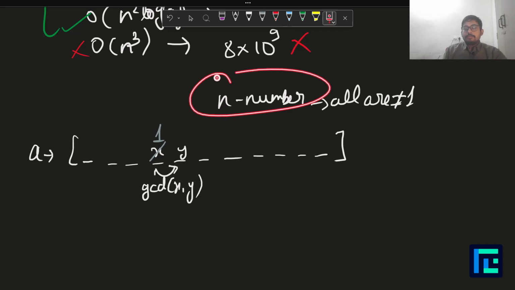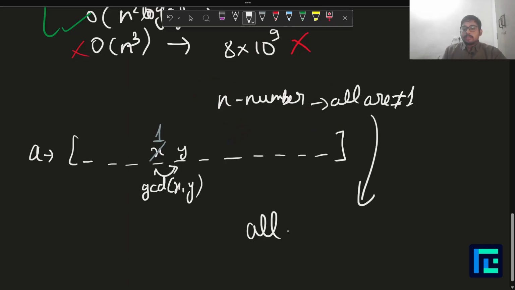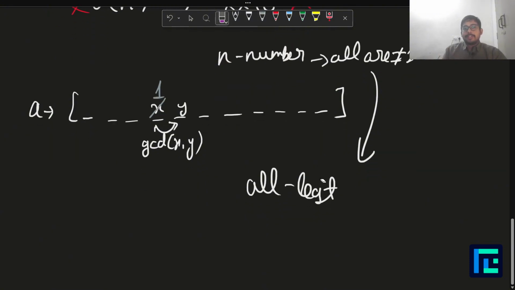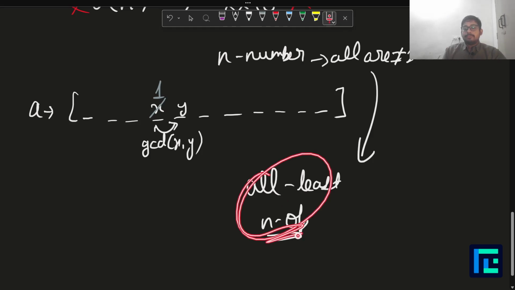So in order to make n numbers all equal to 1, if they are unequal, you would require at least n operations, whatever type of operation you do, that you can prove. And if you can do it in n operations only, that would be your minimum answer.